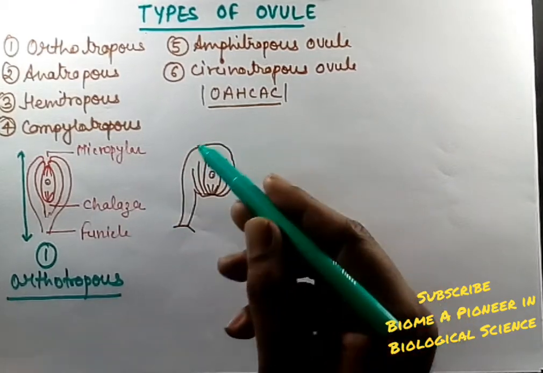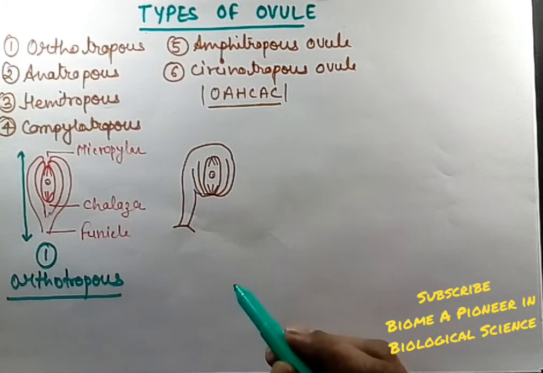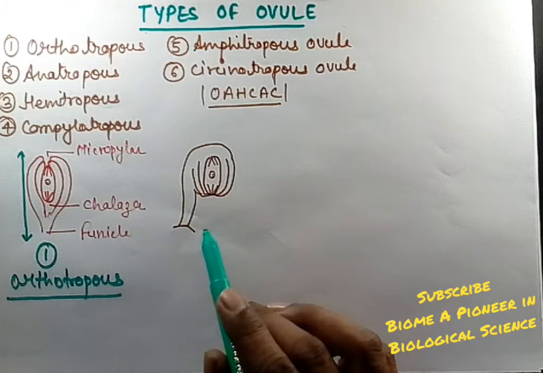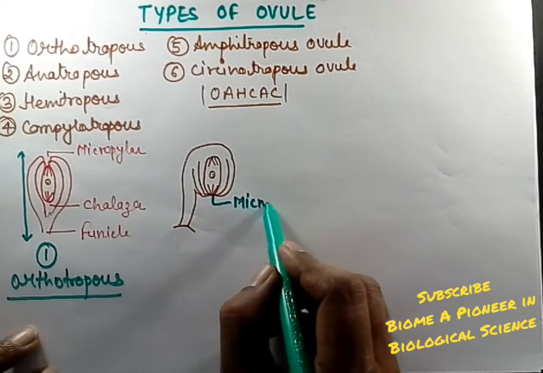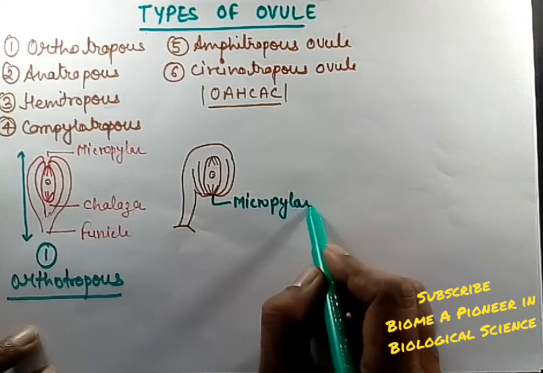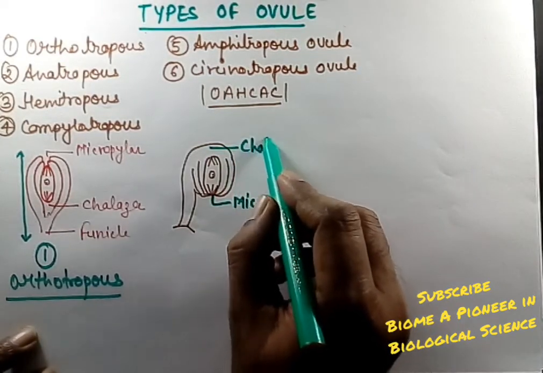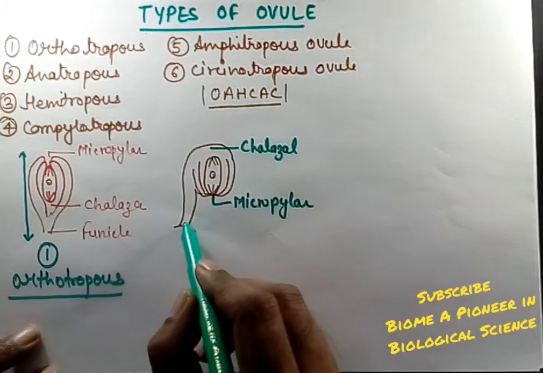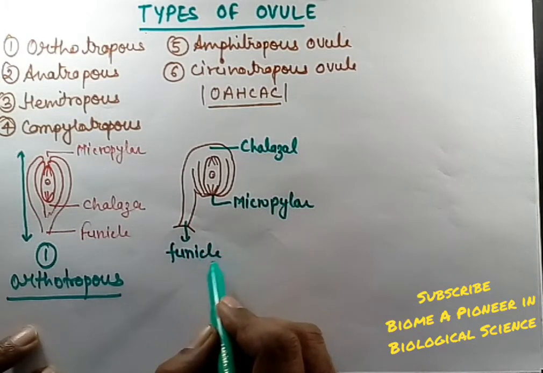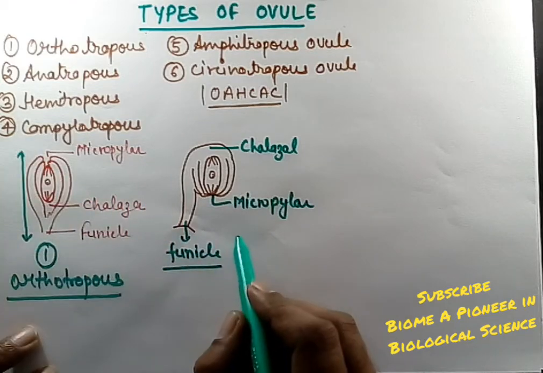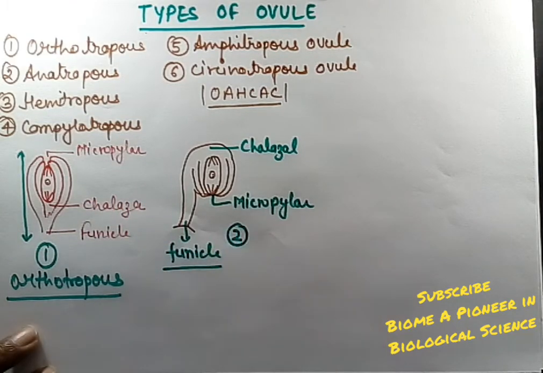As we have seen in the structure of ovule, this is the anatropous ovule. This is the micropylar end, this is the chalazal end. What is this? This is the funicle. So this is the second type of ovule.